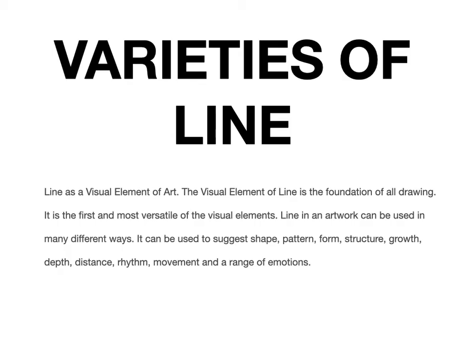And that line is the foundation of all drawing, but it incorporates a lot of other information for the other visual elements. So line in an artwork can be used in many, many different ways. It can be used to suggest shape, pattern, form, structure, growth, depth, distance, rhythm, movement, and a range of emotions.